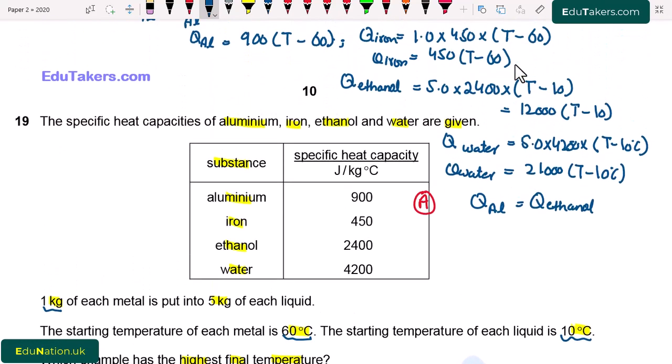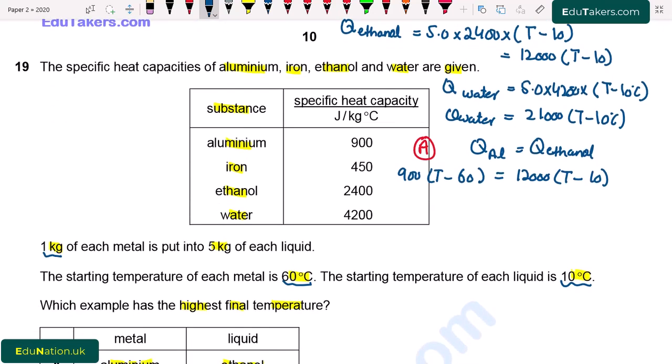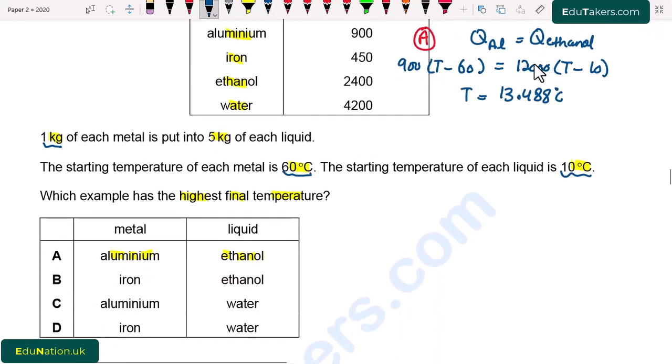I am going to put values here. It will be 900(T − 60) equal to, for ethanol, 12,000(T − 10). So when we simplify this, then the temperature will be equal to 13.488 degrees C. Second option is iron and ethanol.